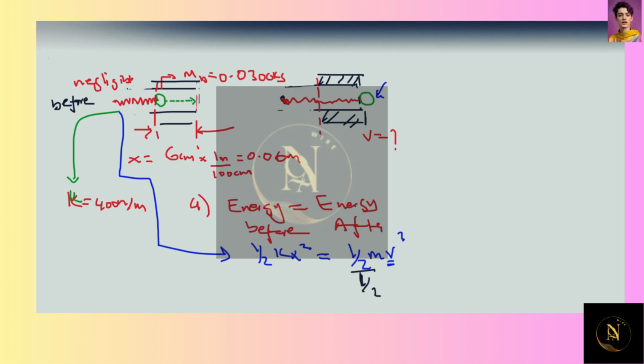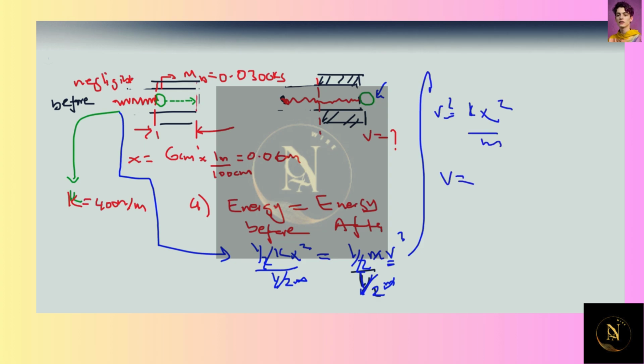We divide both sides by 1/2 m to make our life easier. This is just algebra. You can see the 1/2s are going to cancel out, and the m's are going to cancel out. So v squared happens to be kx squared over m.